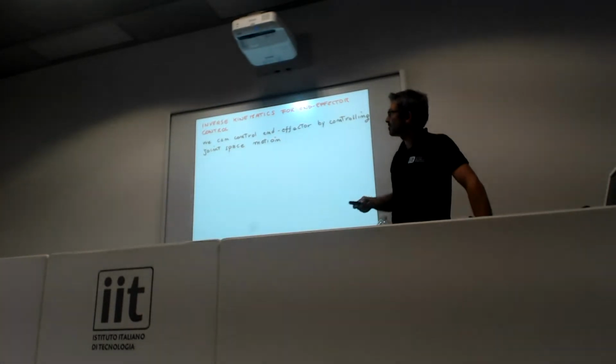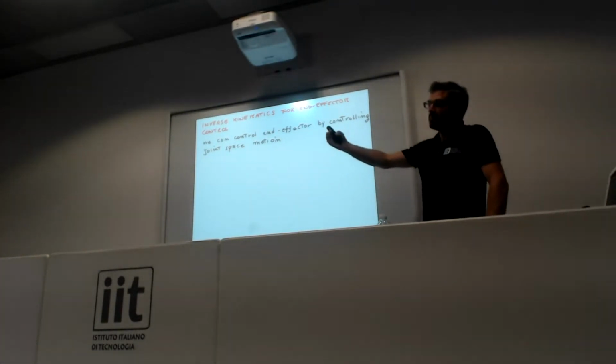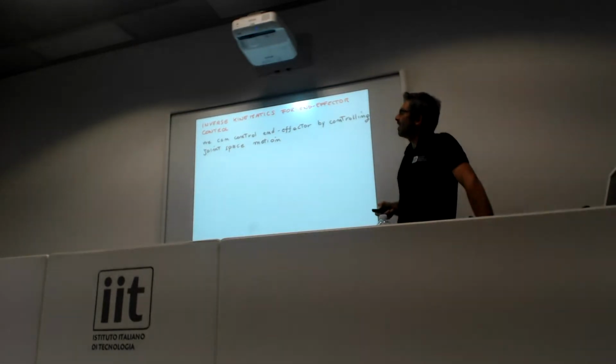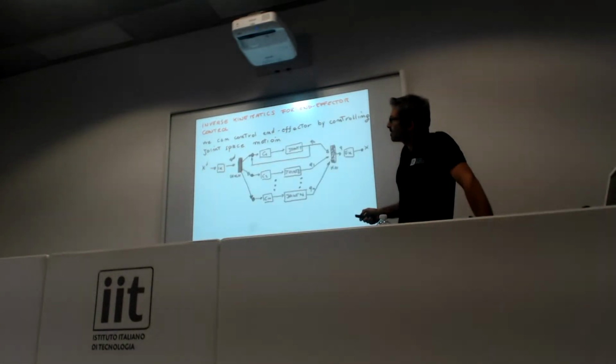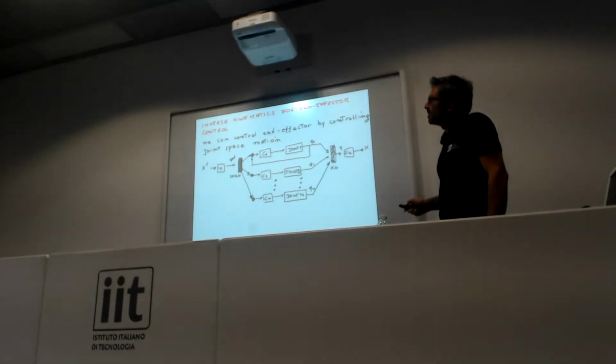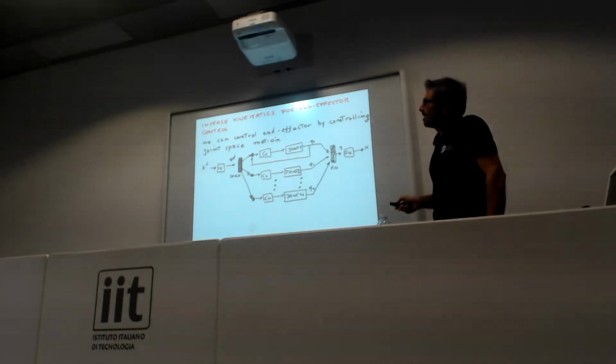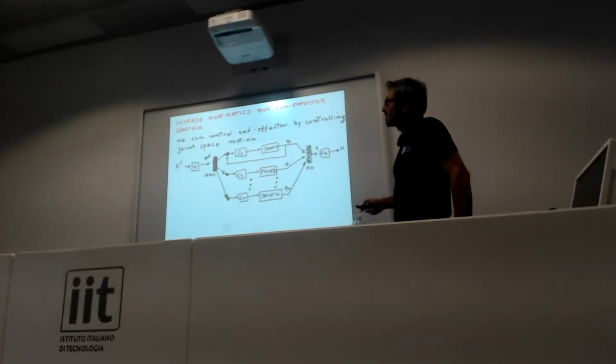So by controlling the joint motion, we can move the end effector, and the mapping between an end effector motion and a joint motion is done through an algorithm called inverse kinematics.